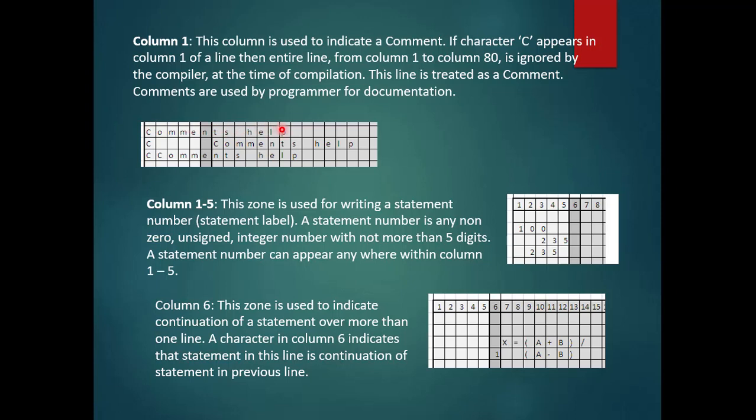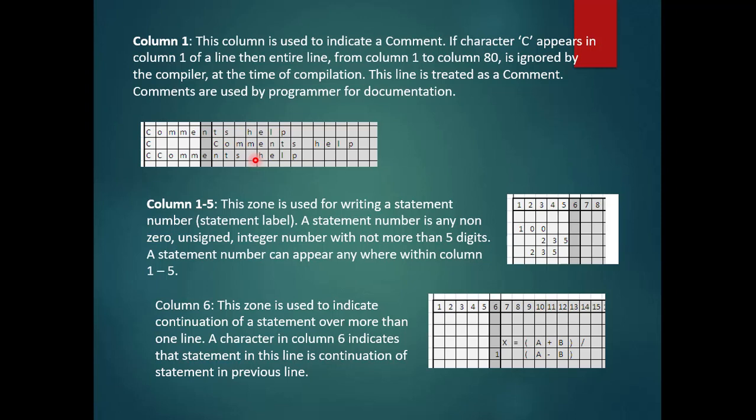This is how I've written here. Otherwise you can write the comment line C in the first column and start with the seventh column. Or even you can write like this: C you have written here, and in the next column you have written the comment. So this is how you first write down the C, and it is considered as the comment line. So this is how column number 1 is to be utilized.